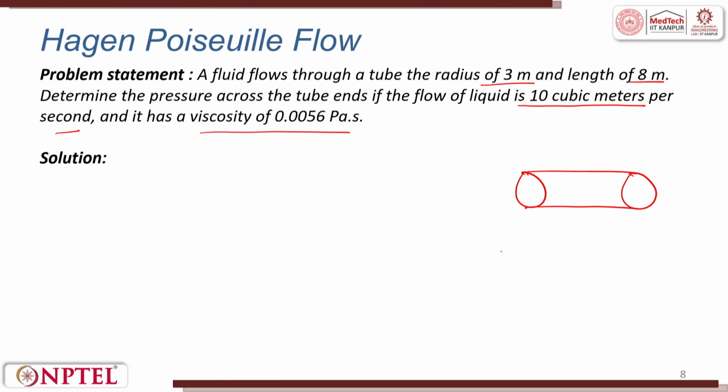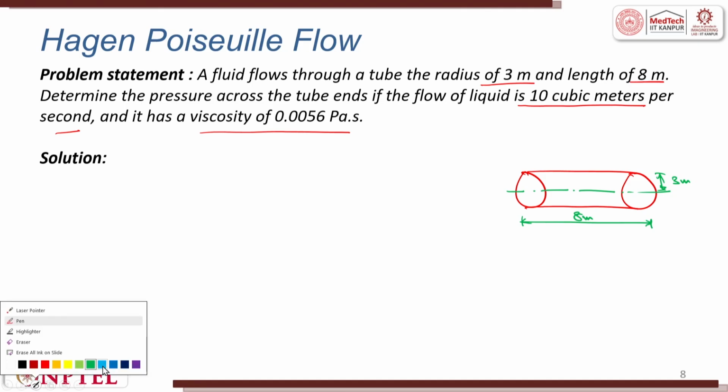There is an 8 meter length here. And the radius, it says, is 3 meters. Radius is from the center, this is 3 meters, and my point of interest also becomes 3 meters here. Now, through this pipe a fluid flows.